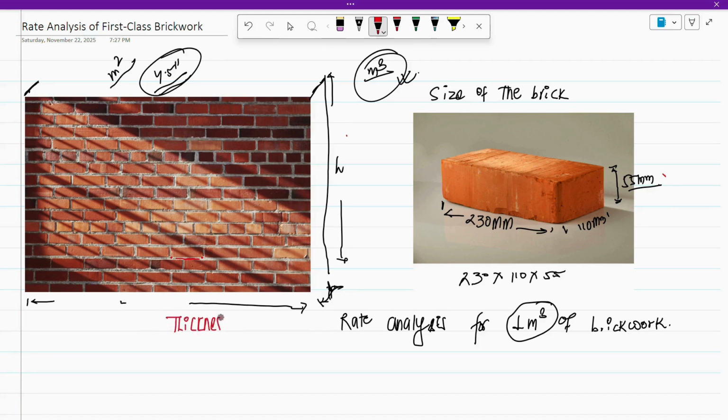And the thickness of mortar, normally we take 10 to 12 mm. So this is the thickness that we will take. Now let's first calculate the size of the brick with the mortar.